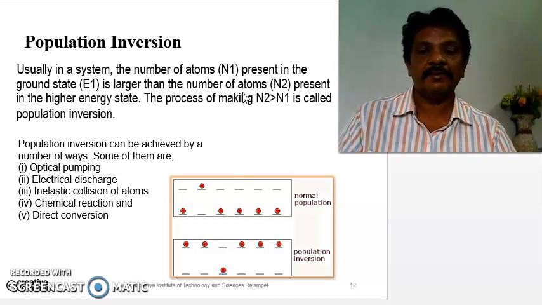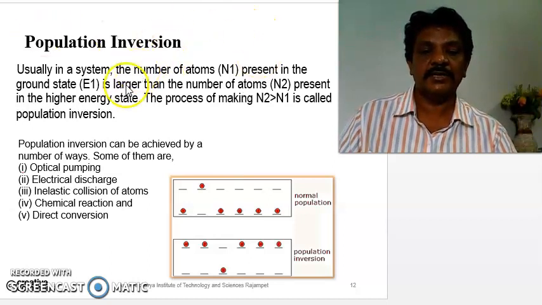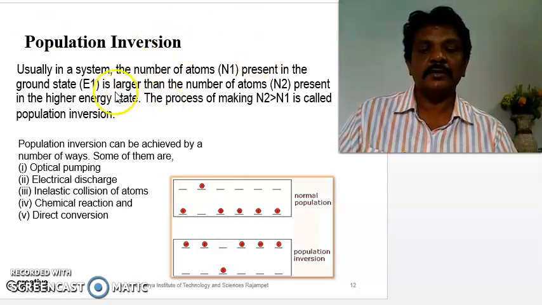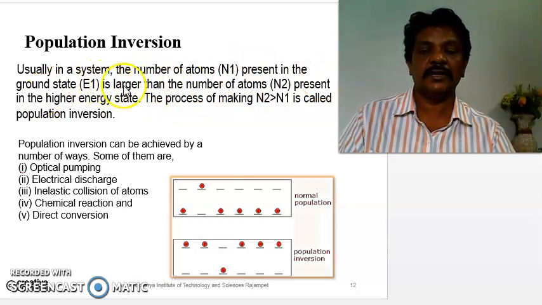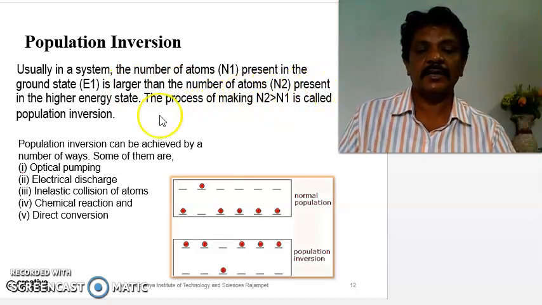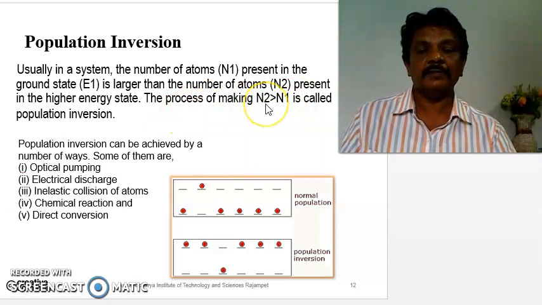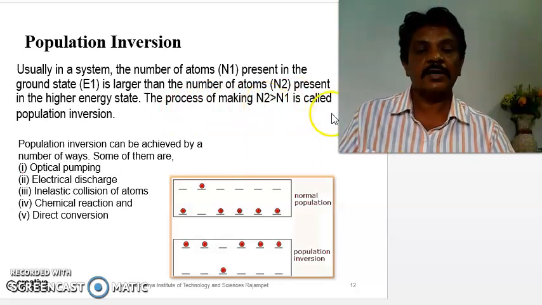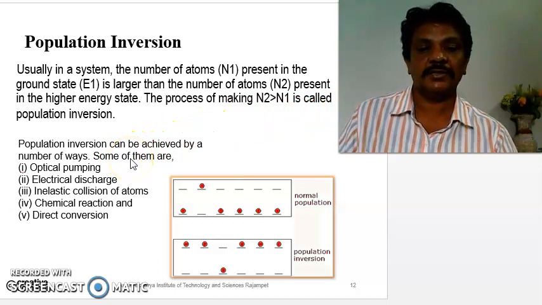The reverse of the general condition is called the population inversion condition. Usually the system contains N1 atoms in the ground state, larger than the number in the excited state. The process of making the number of atoms in the excited state more than the ground state is called the population inversion condition.